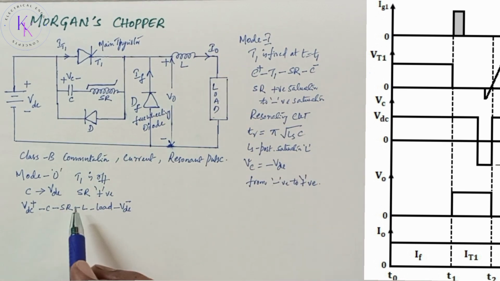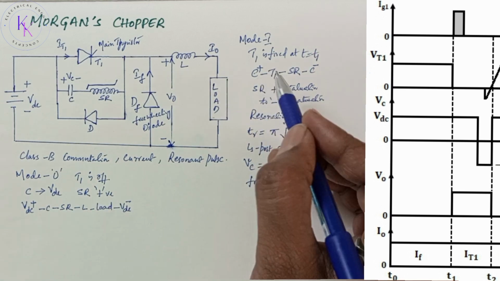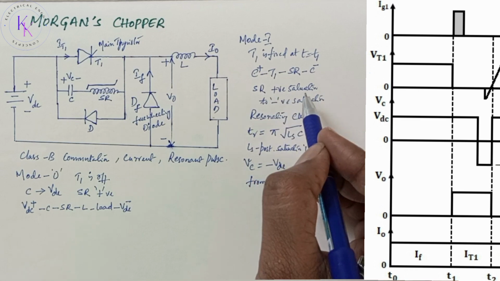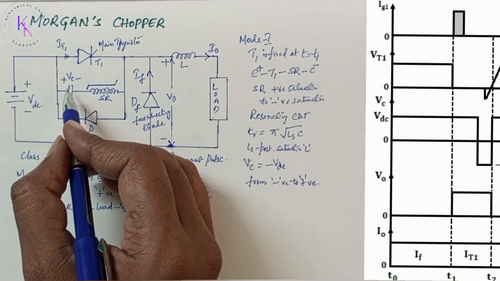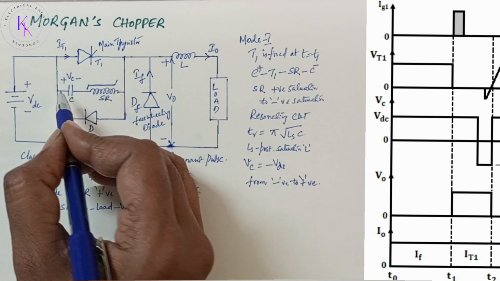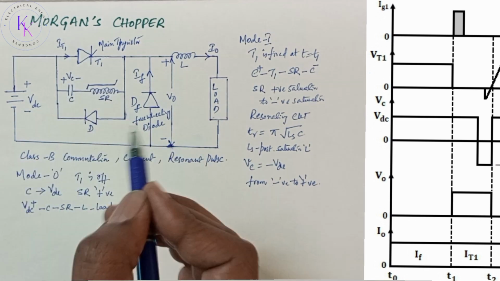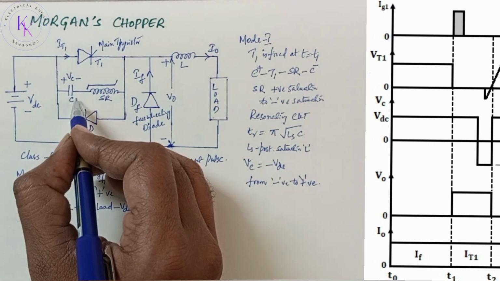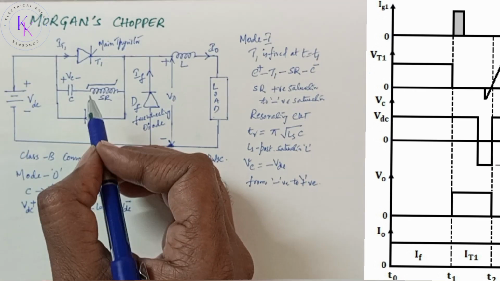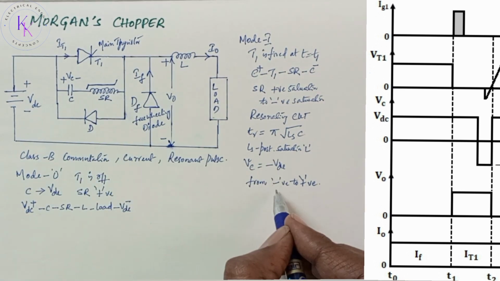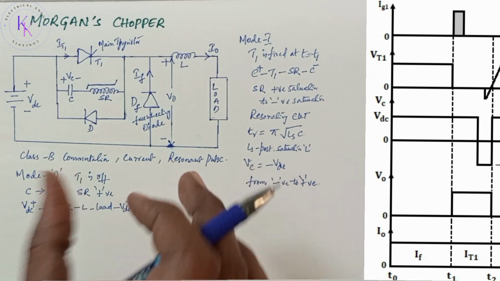In mode 0, it is positive. In mode 1, when T1 is turned on, the polarity of the saturation reactor changes from positive to negative, and then a resonating circuit is formed between C, T1 and SR, and the current flows in the reverse direction and the capacitor charges in reverse. Then the polarities change. The right side becomes positive and the left side becomes negative. Then the SR again changes its polarity from negative to positive at the end of mode 1.